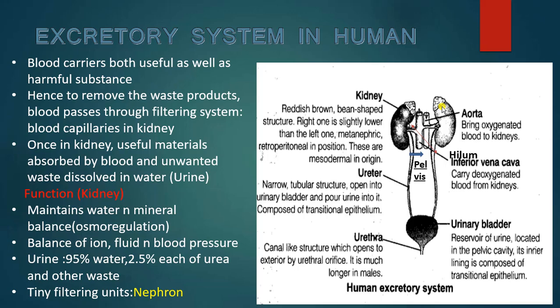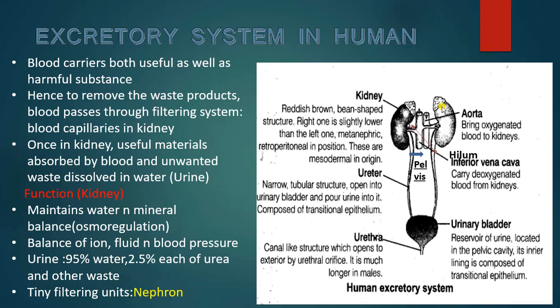Again, I repeat, what is the kidney doing? The kidney is filtering. What is it filtering? Blood, right? Like we have aquaguards in our home. What is the aquaguard doing? Taking the impurity from the water and giving you pure water.